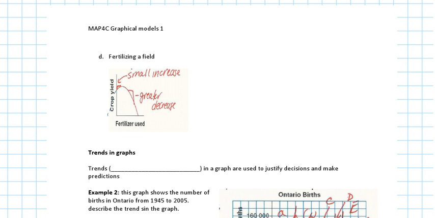So if you increase the fertilizer, you are going to burn your crop, and that's why you're going to have less and less crop, okay? So your optimal value would be this much fertilizer, okay? So looking at a graph, you need to understand the graph, all right?